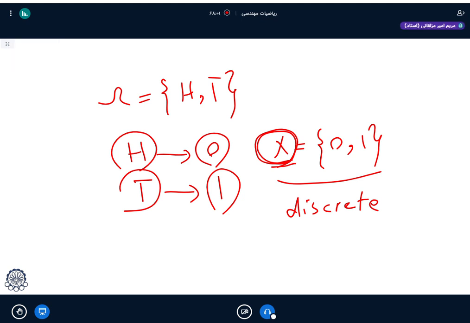Again, back to the example of tossing a coin. Our random variable x takes the values 0 and 1.